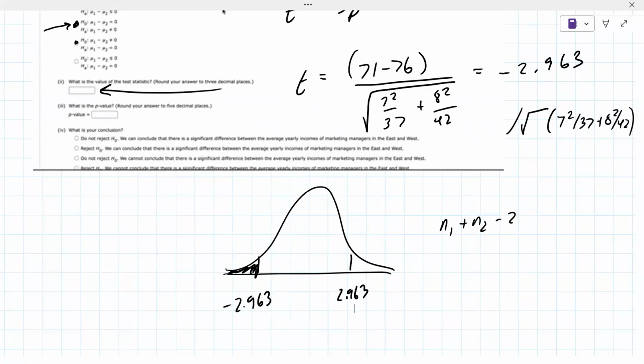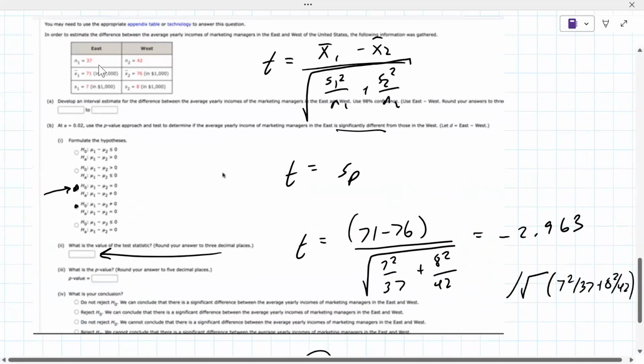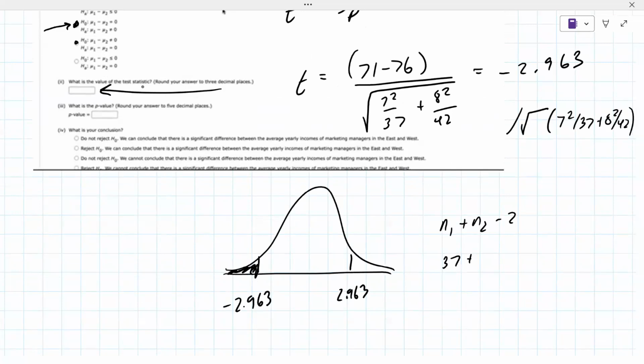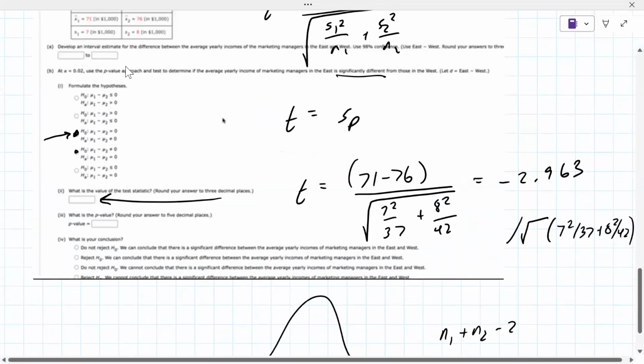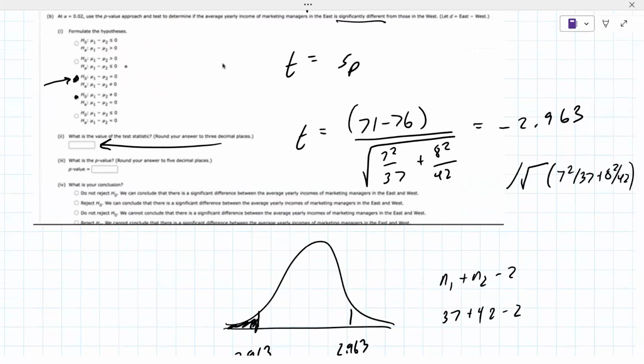Assisting with some technology, degrees of freedom here is 37 plus 42 minus 2, which is 77. Right, 77. So let me grab my technology.